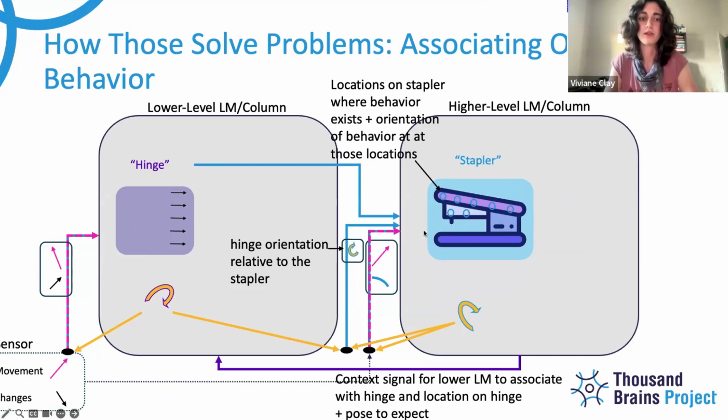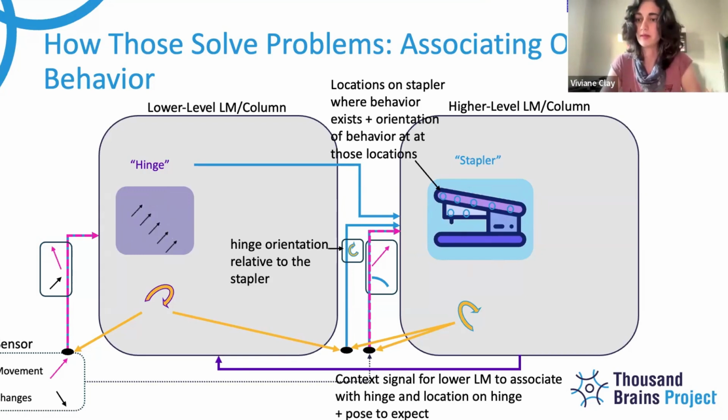So what I showed so far is basically learning: we learn that at this location on the stapler, the hinge behavior exists. Then when we see the stapler, this backward context signal can bias down here to expect the hinge behavior. So we know, oh, there's a stapler, I can push it down and open and close it without it actually moving at the time.